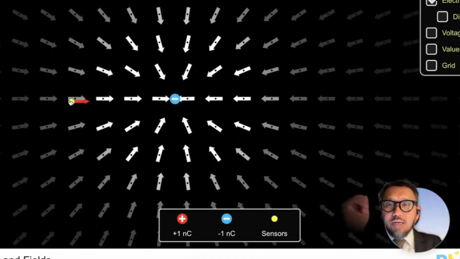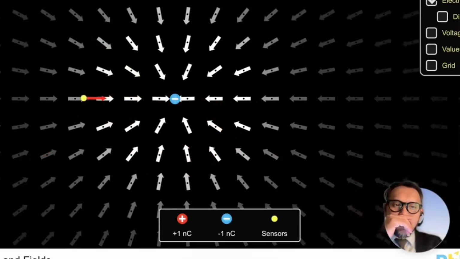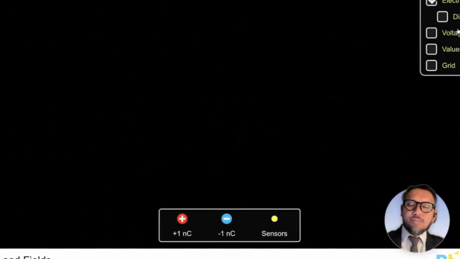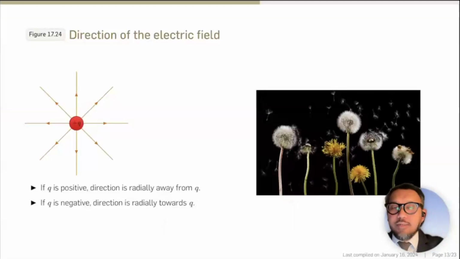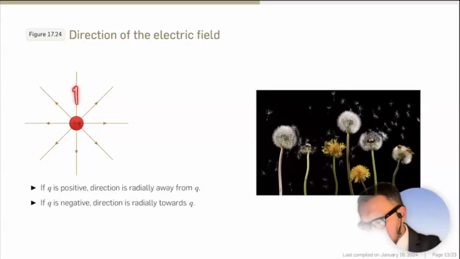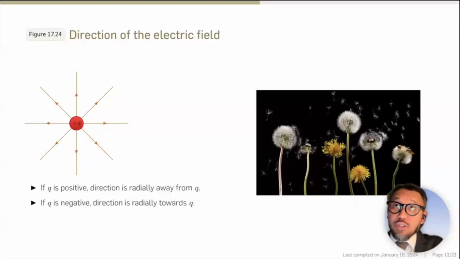And the length of the arrow corresponds to the strength of the force. Good. So that's the direction of the field. For positive charge, the direction points outward. For negative charge, it points inward.